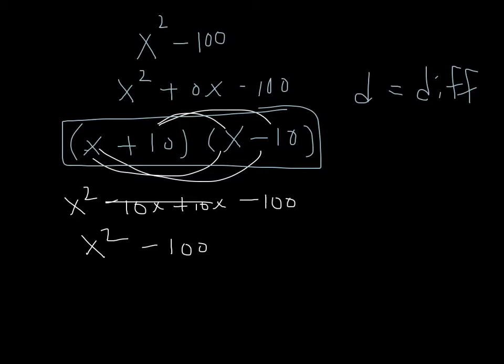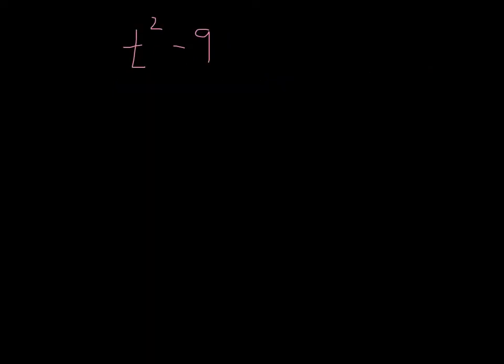Again, we call these difference of perfect squares. Take a moment before you leave the page and get the vocabulary word that goes with that example. X squared minus 100, difference of perfect squares. Okay, one last difference of perfect squares example, and so again, just an alternative way of thinking about it.